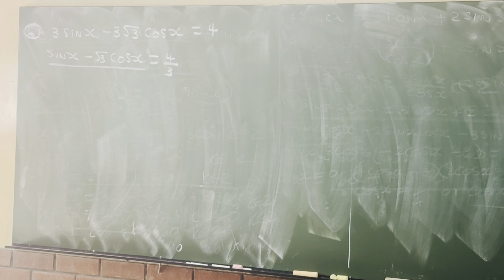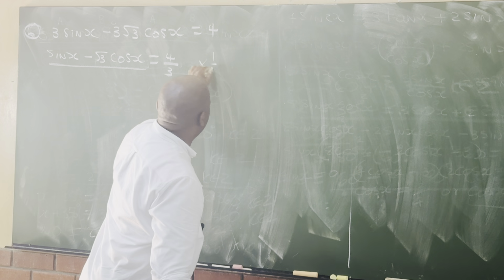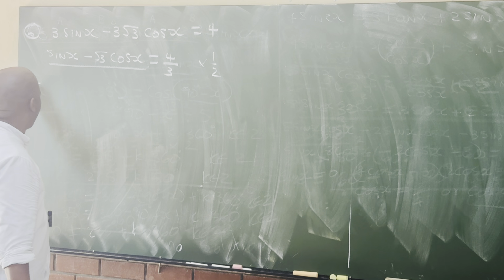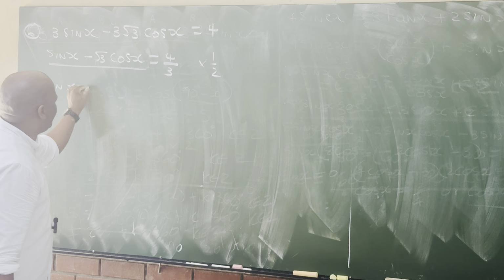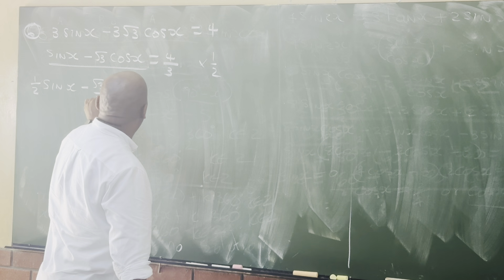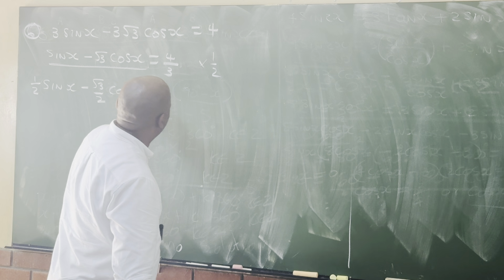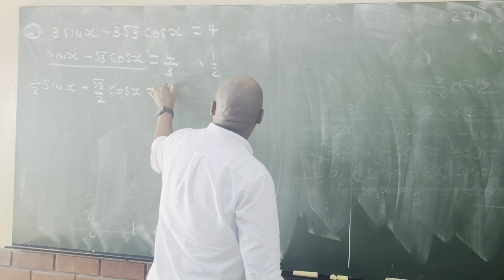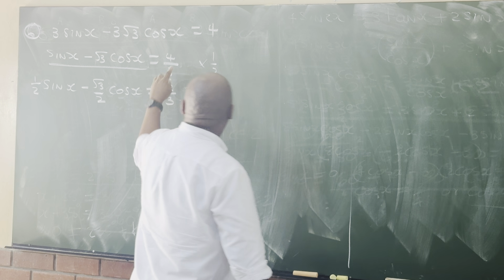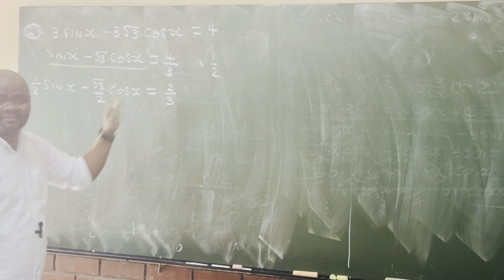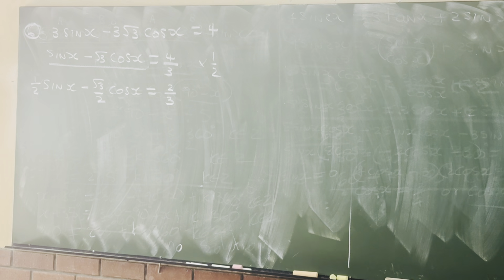Multiply by half. So if we do that, we have half sine x minus root 3 over 2 cos x is equals to, if you multiply this by half, we have 2 over 3. And then from here, you're going to sine.